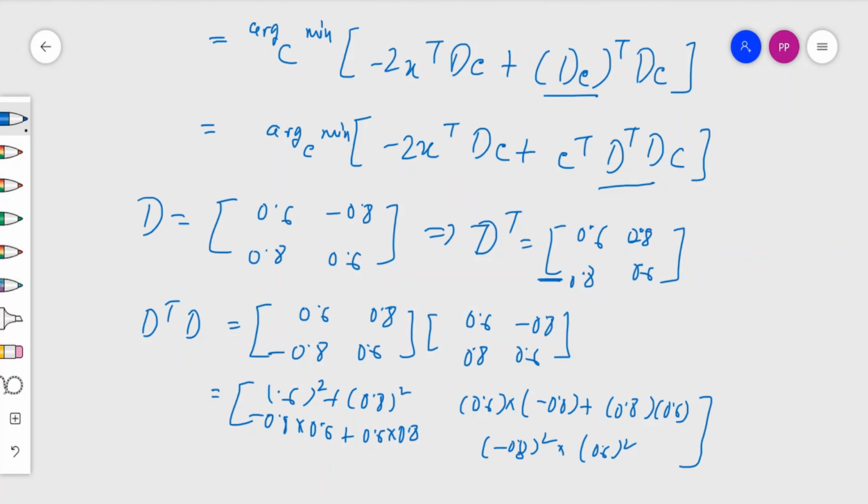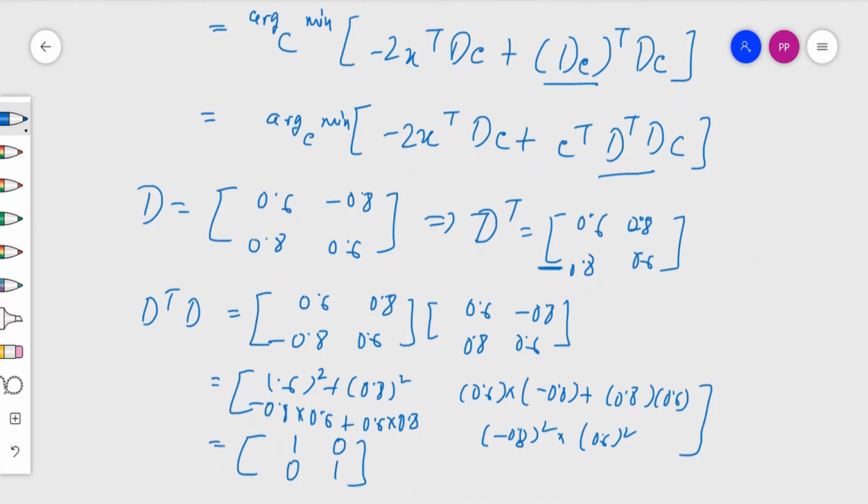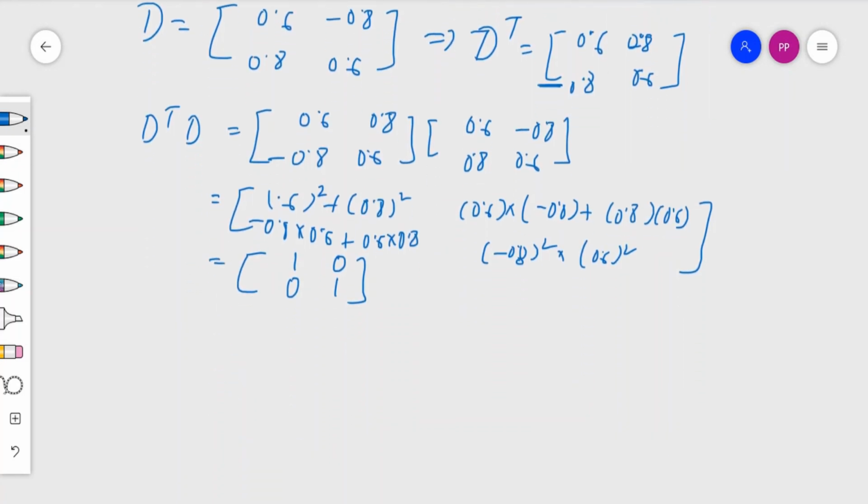So this will be solved to 1, 0, 0, 1. So D transpose D is an identity matrix of the same order as D. So this I can write as I2. So it is equally applicable if D is non-square.